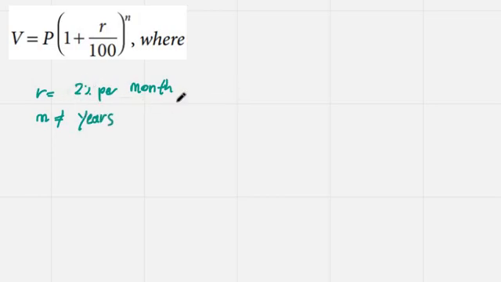For example, if you want to consider a value for 2% per month after 2 years, then the value of n will have to be the number of months inside those 2 years.